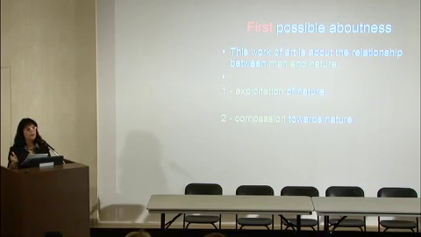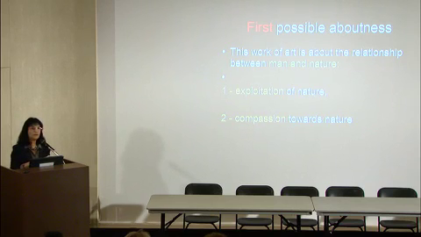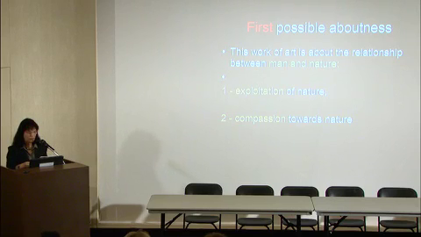So in this aboutness, we mainly focus on the tree, and the first possible aboutness is that the work of art is about the relationship between man and nature. It might be about either exploitation of nature as well as about compassion towards nature. So the first aboutness is divided into two options: that we exploit nature or that we care for nature.